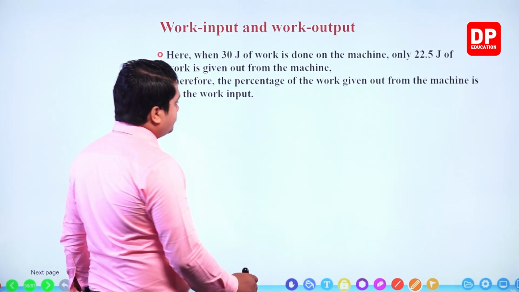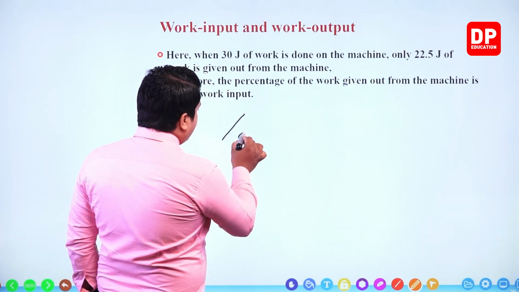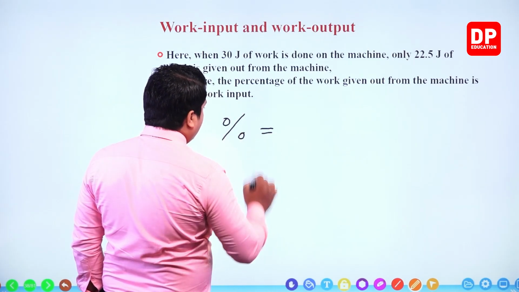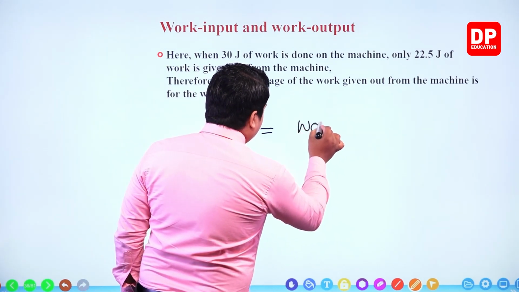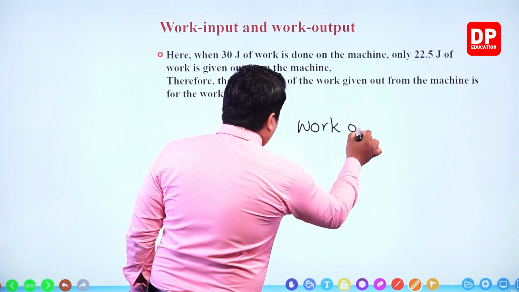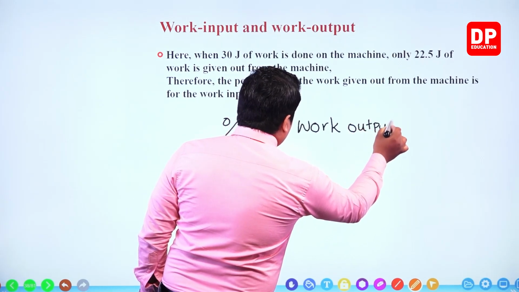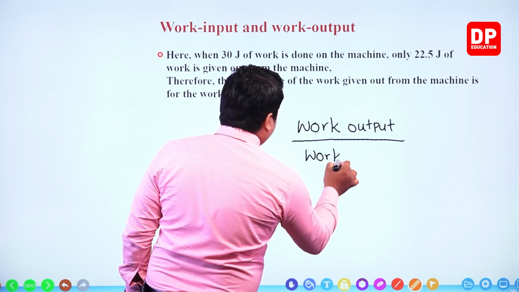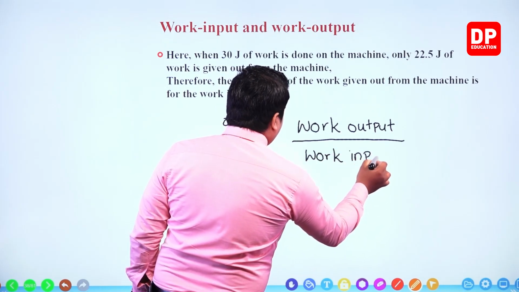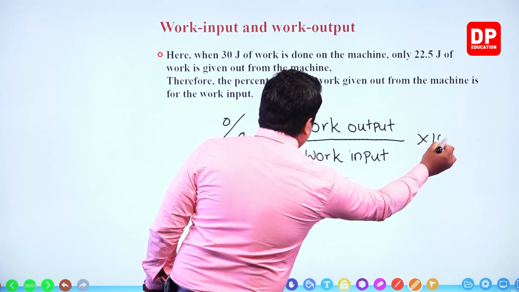How come? So percentage we can calculate like this: work output, you divide it by the work input and multiply it by 100.